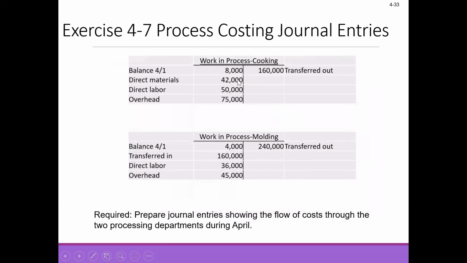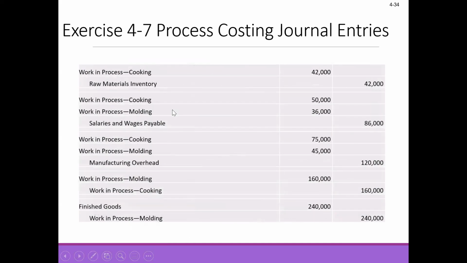Okay, so this came in from the materials, the labor, and the overhead. So we credited the direct materials and we debited the work in process cooking.